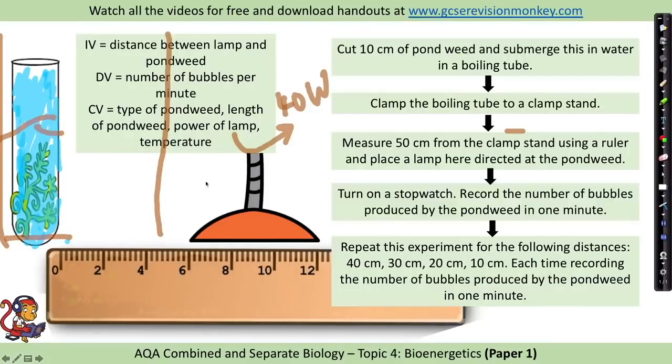Or you may well see that the investigation makes sure it uses an LED lamp, a light emitting diode, rather than the filament lamp, and that will reduce the heat given off and therefore help you control the temperature in the experiment.